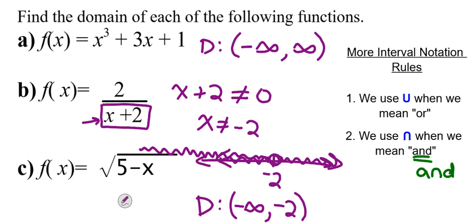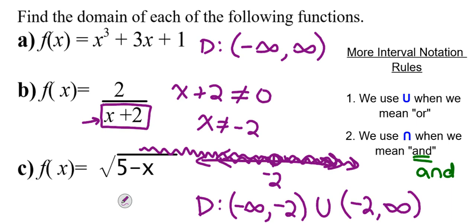So x could either be from -infinity to -2, not including -2, or x could be, we're going to start again, -2 is our placeholder, or it can be from -2 all the way to infinity, not including -2. So see how -2 is our placeholder here?